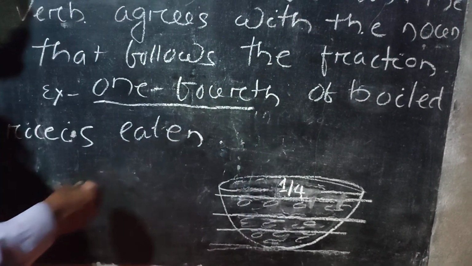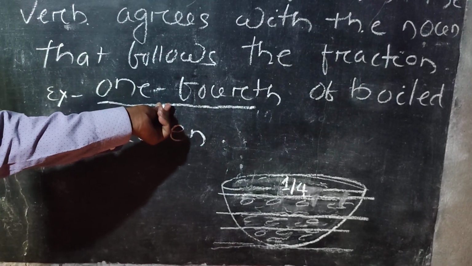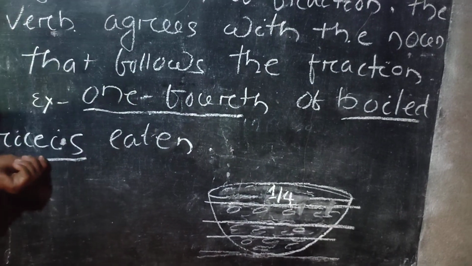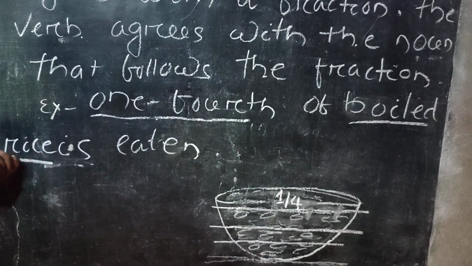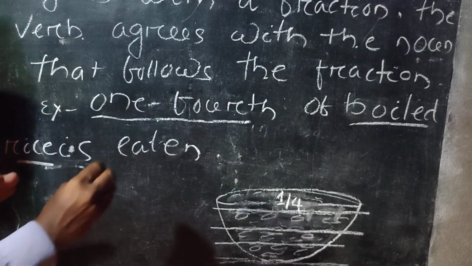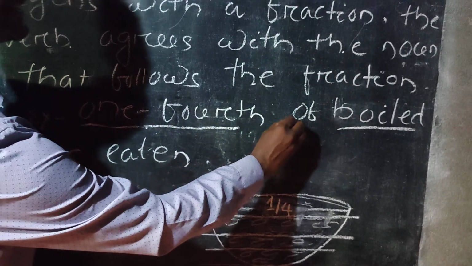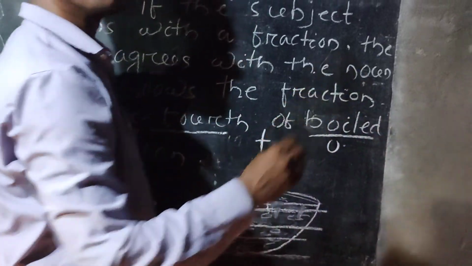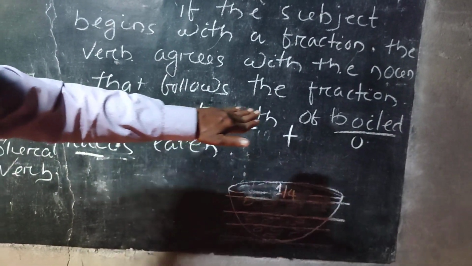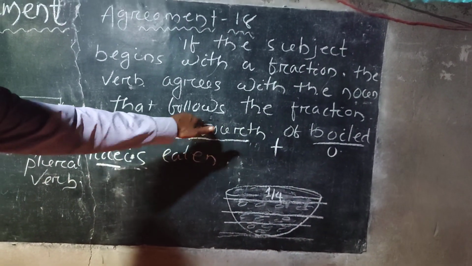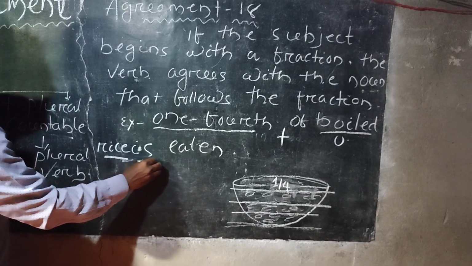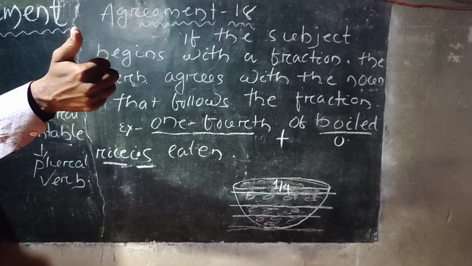1/4, it is the fraction. Boiled rice, it is the noun. Here you can see 1/4 plus boiled rice, that means fraction plus uncountable. So it takes the singular verb, that is each. Clear or not?